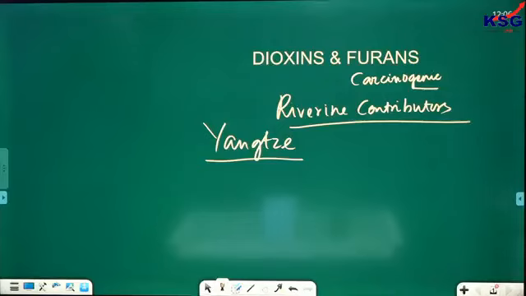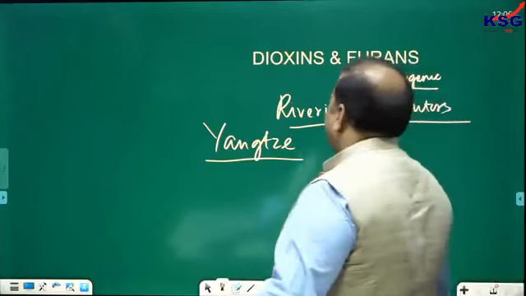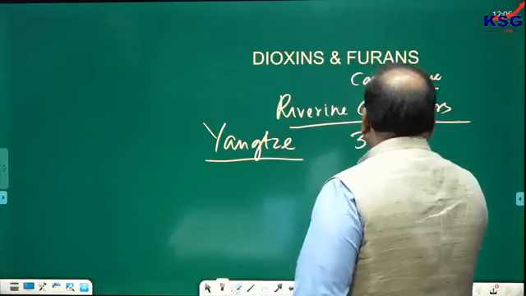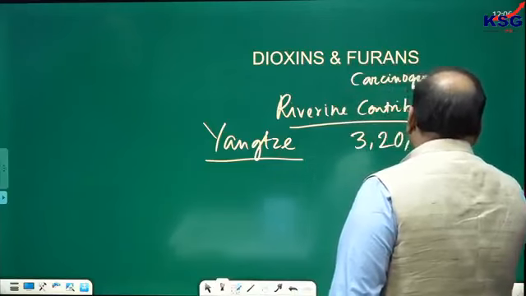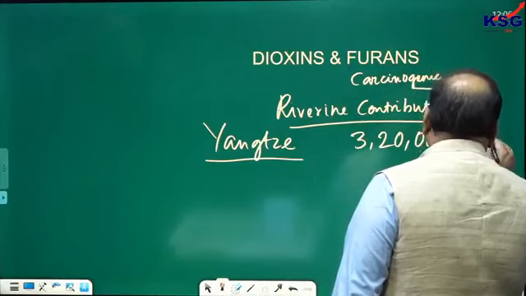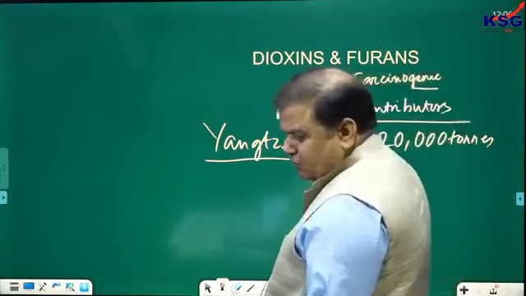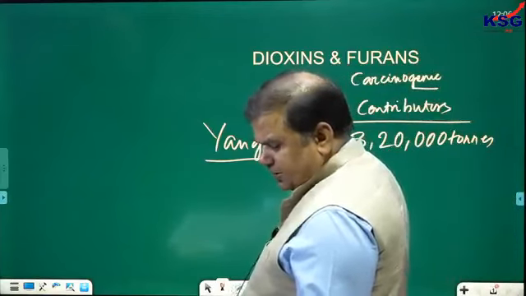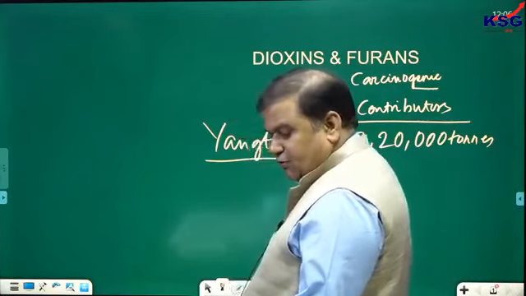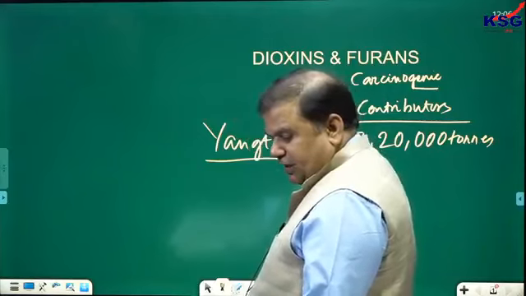Every year it is responsible for dumping 3,20,000 tons of mismanaged plastic in ocean.